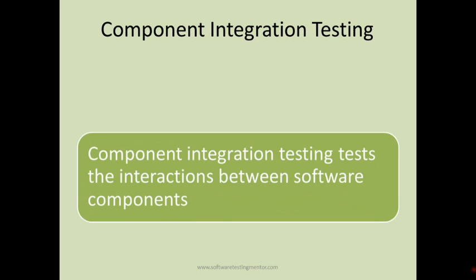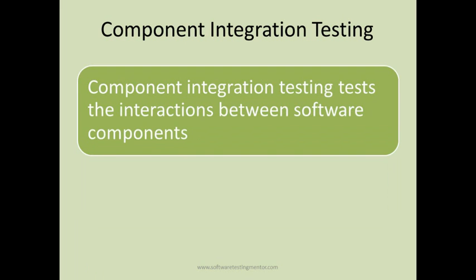So component integration testing tests interactions between software components. The software is built of smaller chunks or smaller units or smaller components. So component integration testing tests the interface between those smaller chunks when they are integrated, and sees how the integration works or how the flow is from one entity to another.